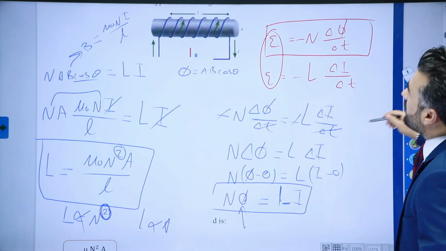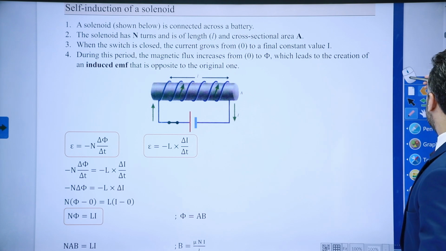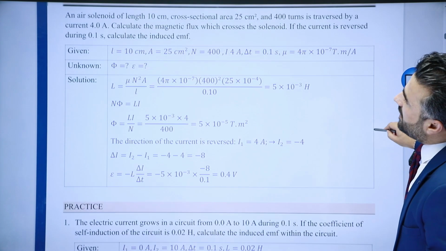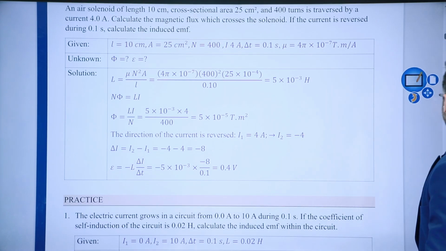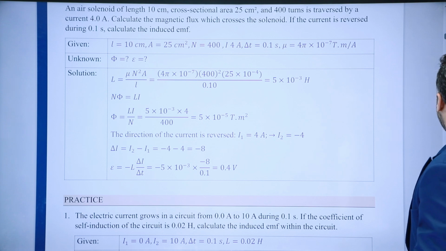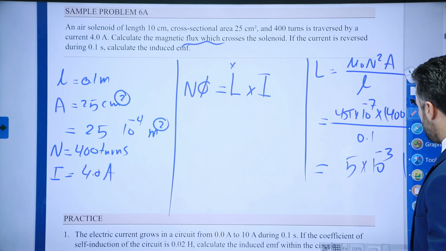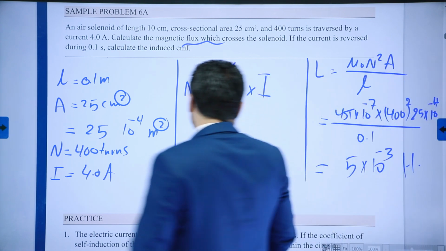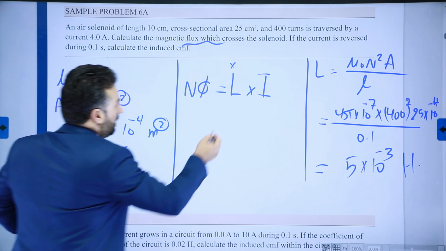Let me double check with this one here. Yes, that is basically what we have. So it is 5 times 10 to the power negative 3 Henry. Okay, now we can go back to our calculation. So this is correct, basically. Now, of course, we can find the value for the magnetic flux.